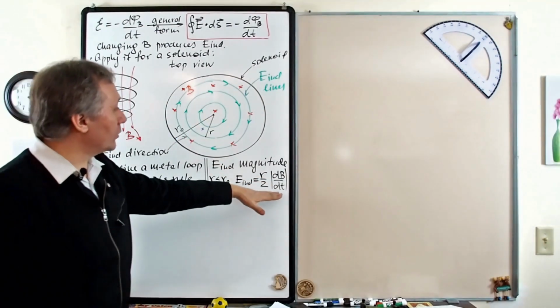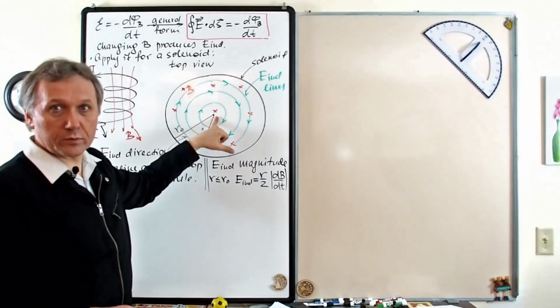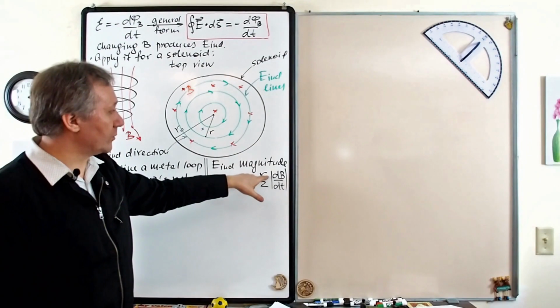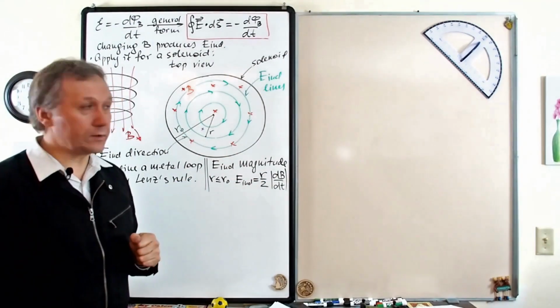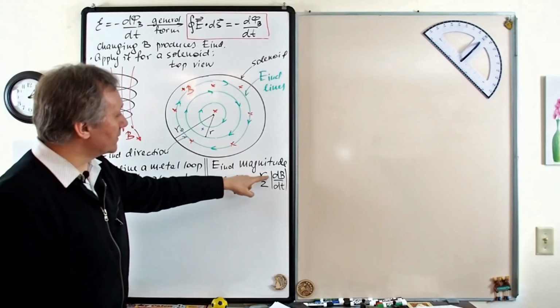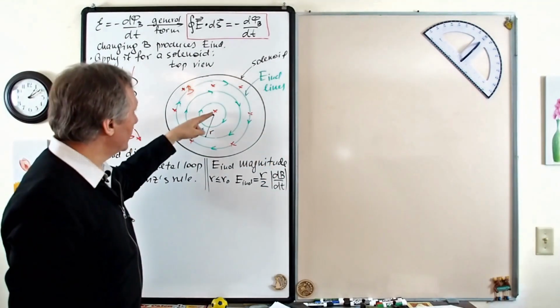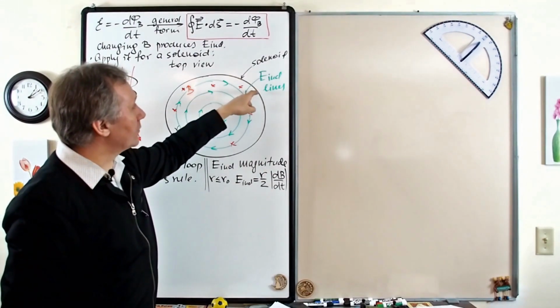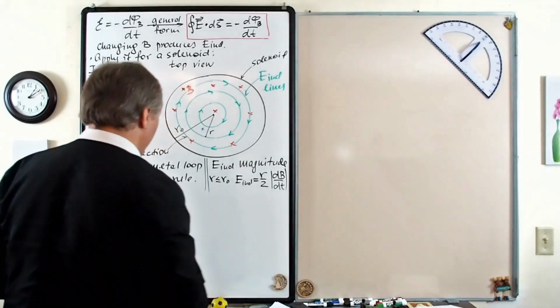So you can see what will be the value, for example, of the induced electric field at the center of the solenoid. It is 0, because R will be equal to 0, and the electric field is 0. Then with distance, with R, the electric field gets stronger and stronger, and it will have the maximum value near the edge of the solenoid.